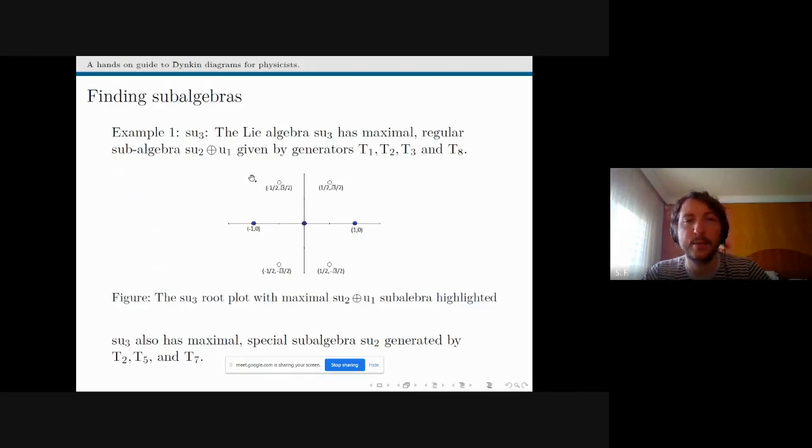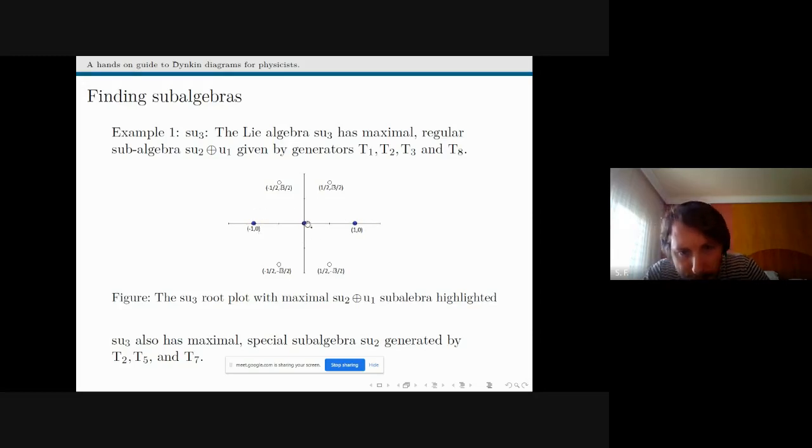We've already seen an example, but consider SU3, right? The Lie algebra SU3 has a maximal regular subalgebra SU2 plus U1, given by the generators T1, T2, T3, and T8. So this subalgebra corresponds to the SU2 subalgebra we already looked at, in addition to the remaining degenerate zero root here, which corresponds to a U1 generator.